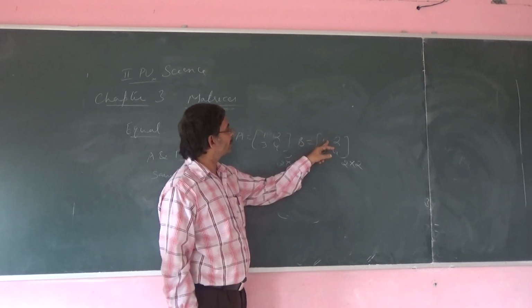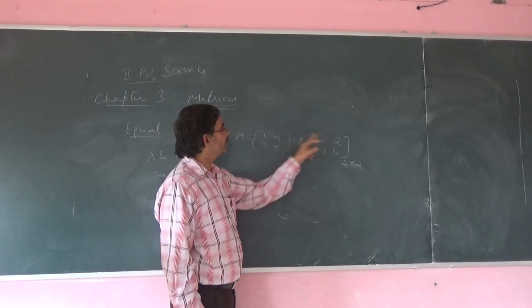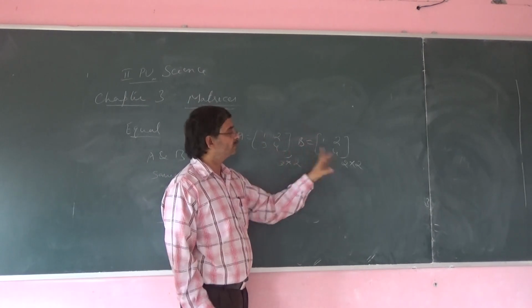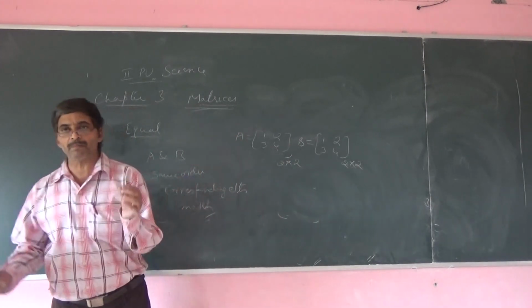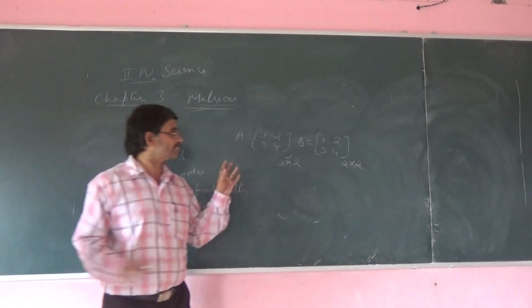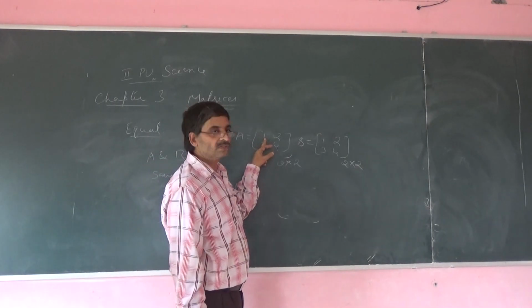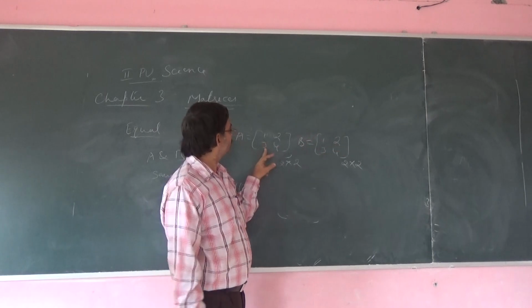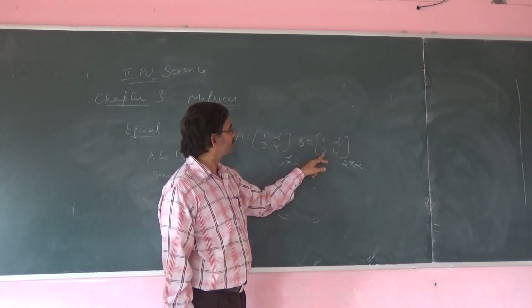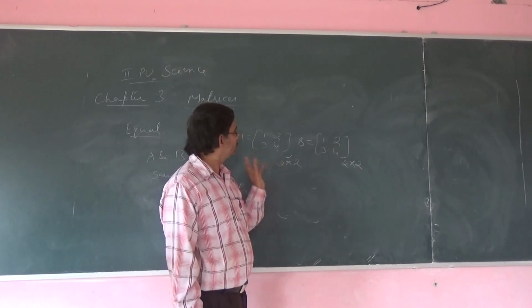Same, 1 and 1. These are corresponding elements. 2 and 2, 3 and 3, 4 and 4. Corresponding elements means elements are from the same row and same column. First row, first column. First row, second column. Same. Second row, first column. Same. Like that.